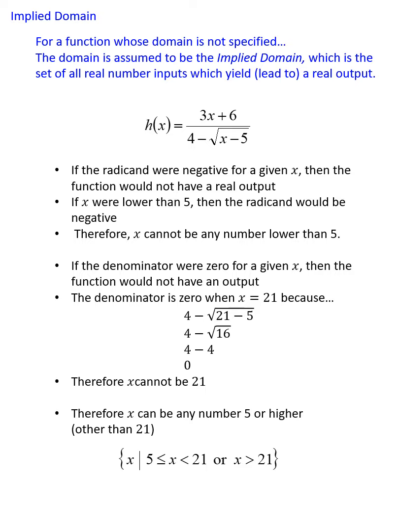I could say that the domain is the set of all x such that x is 5 through 21, not including 21, or higher than 21. I could also write this in interval notation. The first interval to the left of the union sign being 5 through 21, excluding 21 itself, and the second interval to the right of the union sign being all numbers higher than 21.